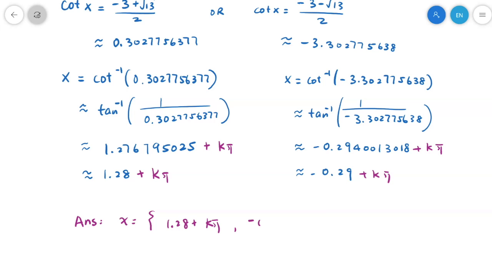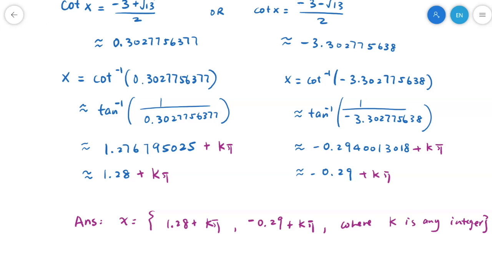Or negative 0.29 plus k pi, where k is any integer.